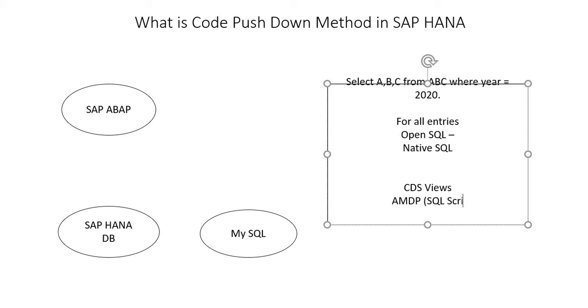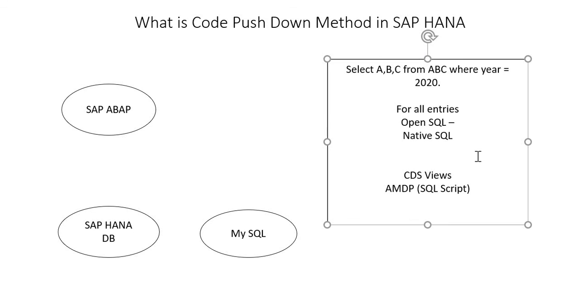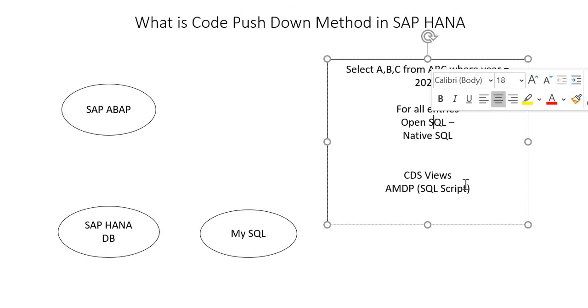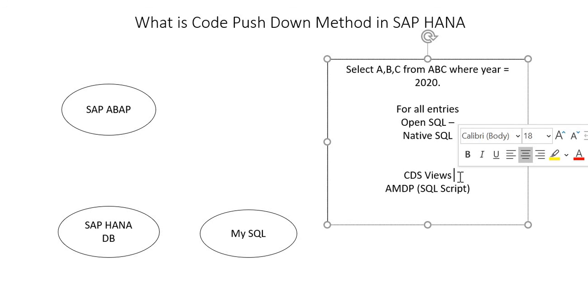Once you write this SQL script, you can then call it in your ABAP layer, and you can model further, create a further report or something. You can do two kinds of approaches, top down and bottom up. If I talk about the top down approach, native Open SQL works, CDS view works.